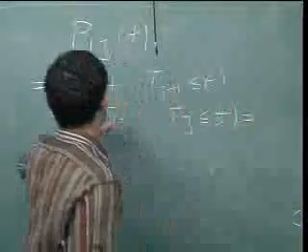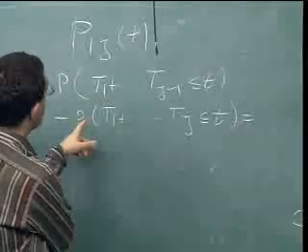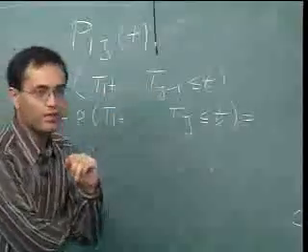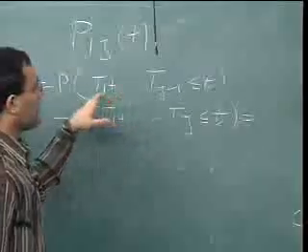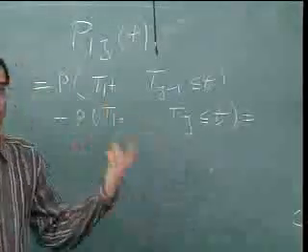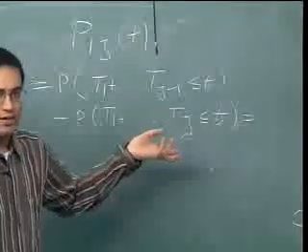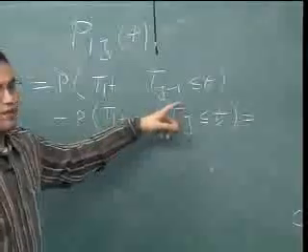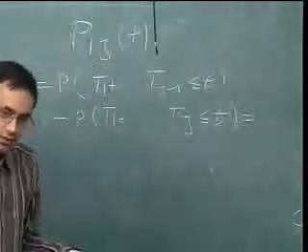What does this mean? This is the probability that the maximum of j minus 1 is less than t, meaning all the first j minus 1 fail, minus the probability that all j fail. So what remains is only the event that j minus 1 of them failed until time t, but the last one didn't fail at time t.